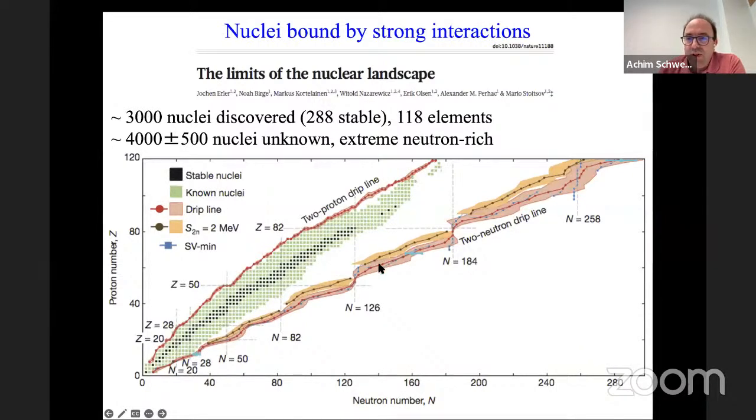And over here, the neutron drip line, where you can add many neutrons and the nucleus still is particle-bound, but just decays by beta decay. So between these two limits of the nuclear landscape, all of these nuclei exist. And there was this pioneering paper cited here, which predicted that there are as many nuclei unknown, roughly 4,000 plus or minus 500 isotopes, that in particular are extremely neutron rich over here.